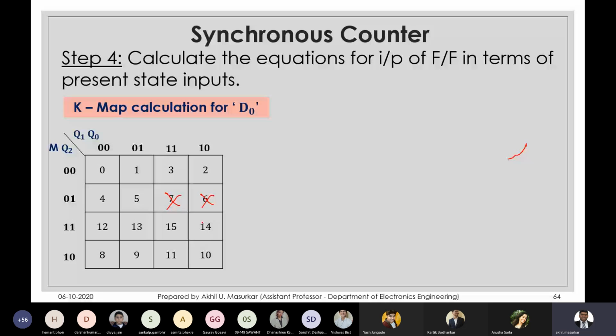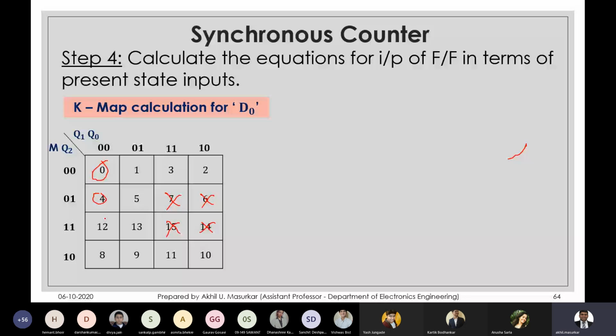Can anybody tell me the places where you will get ones for D0? Sir, positions 0, 4, 12, and 8 are 1, and 0, 2, 8, and 10 are also 1. 12 and 8 are 1, and 2 and 10 are also 1.